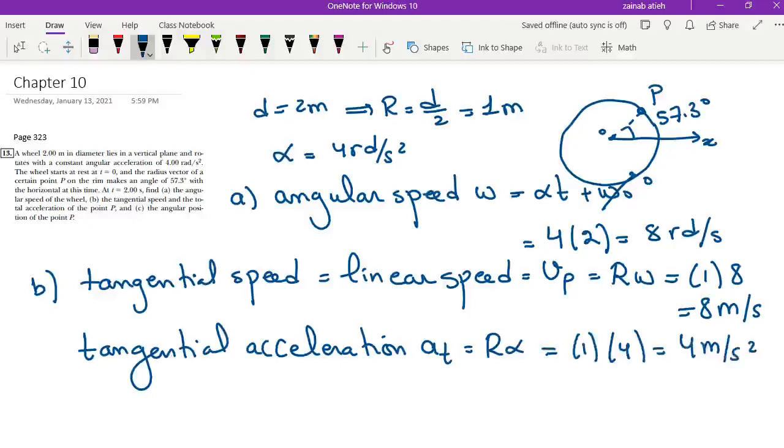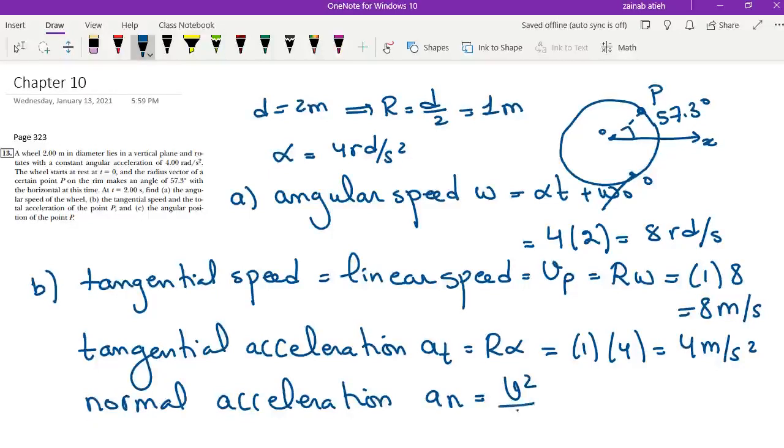Now let's find the normal acceleration. So an is equal to v squared over r. Remember, we are finding the normal acceleration, tangential acceleration, and the speed at point P. So I always use r, which is the radius of the wheel, because point P is found at a distance r from O. So it's v squared over r.